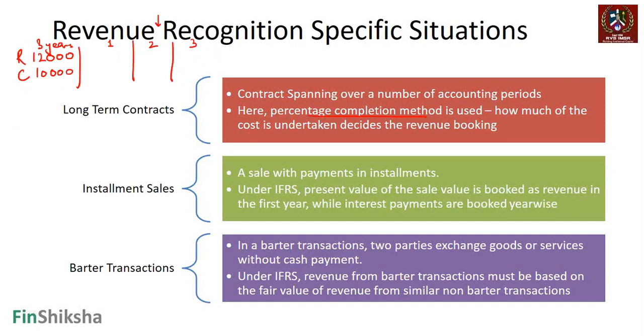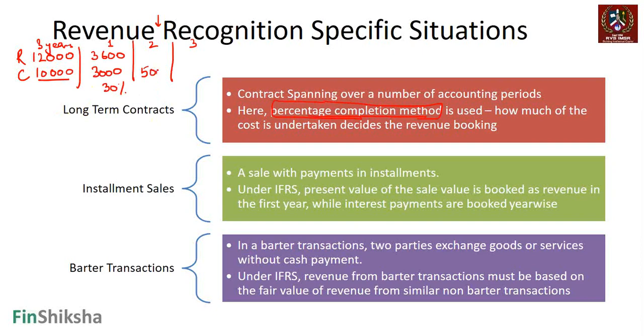So what is used is the percentage completion method, and under this you figure out how much cost has already been taken. Let's assume 3,000 crore worth of cost is already taken here, right? So what is that as a percentage of total cost? 30%. So you're assuming that the project is 30% complete. If the project is 30% complete, you're going to assume that the revenue is also 30% of the total revenue number.